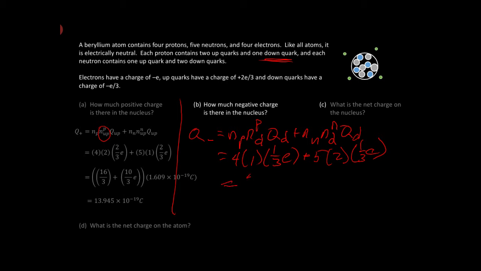So that means now we have 4 thirds plus 10 thirds. And you're looking at that and saying to yourself, how can that be, right? Well, obviously these two numbers have to match, because the neutron's going to be electrically neutral.